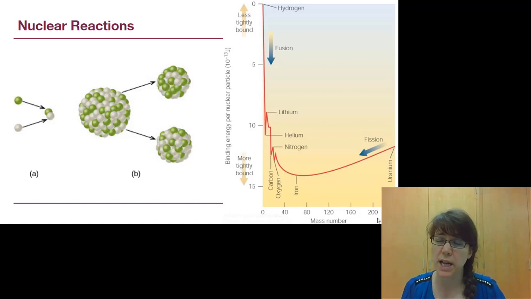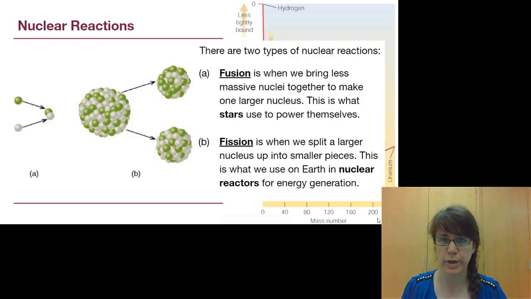The fact that something had to be at the bottom of the curve and it happens to be iron. That fact that iron happens to be, through chemistry, the most tightly bound nucleus is why iron is more abundant than a lot of other things. It's the reason that we have iron in our blood, is because stars will make iron but won't go past that. But that's sort of foreshadowing for a later chapter. For now, our big goal was to make sure we understood the difference between fusion and fission.